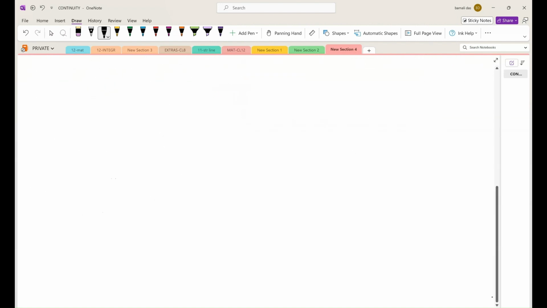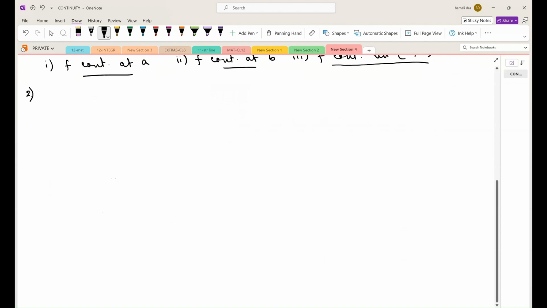So from this definition, obviously one thing follows: what are the conditions under which f might become discontinuous. So let's take a quick look. f may be discontinuous at a particular point C belonging to the domain AB if.